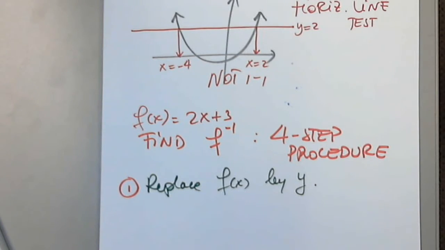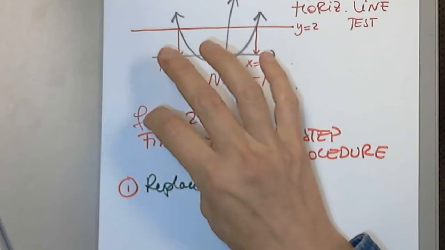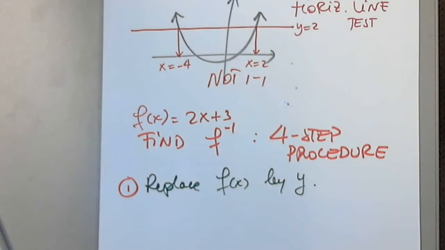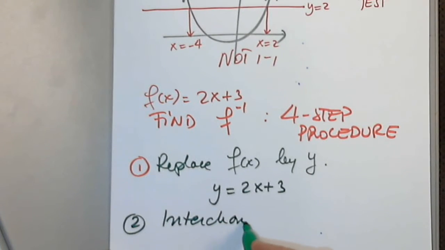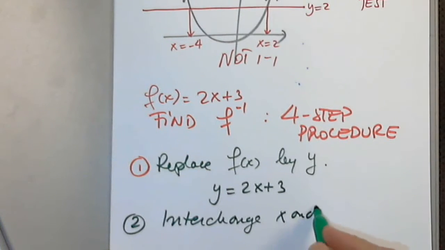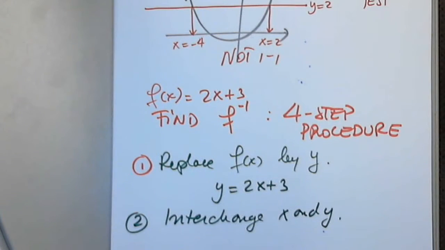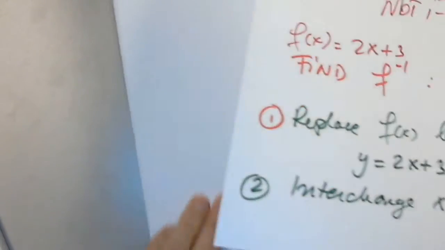And I'm asking you, am I allowed to replace f of x by y? Because they are the same. Okay, perfect. So that's allowed. Step number 2, interchange x and y. Now let's stop again. Am I allowed to do that? And allow me to show you something before you answer.